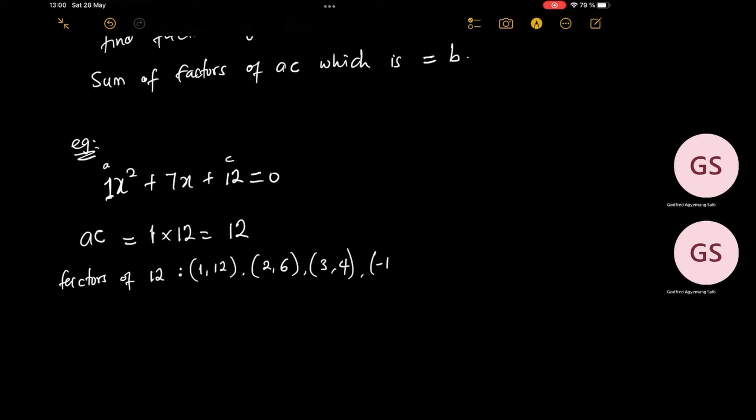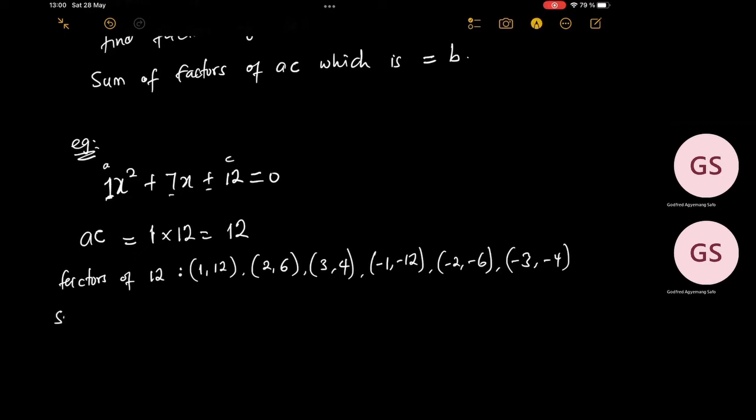Then you have minus 1, minus 12, minus 2, minus 6, minus 3, minus 4. Among all these factors, the product must be plus 12. Always consider the sign here, it's important. Which of these factors sums up to the number 7?